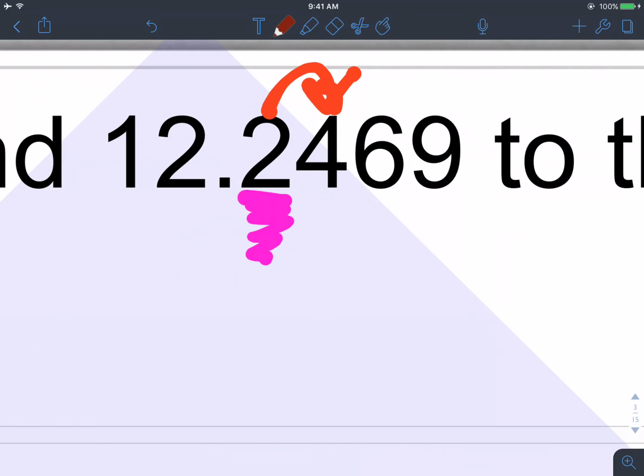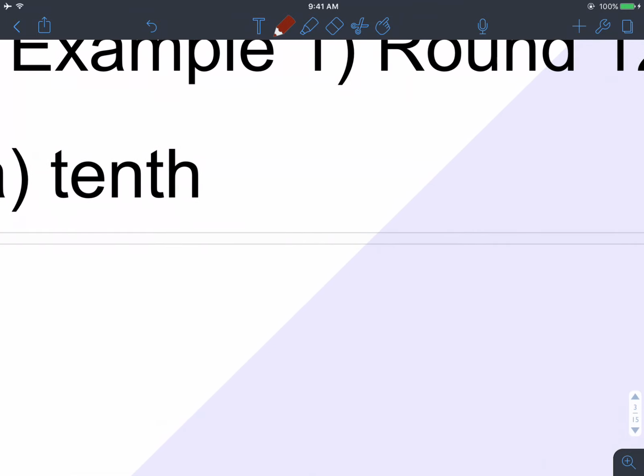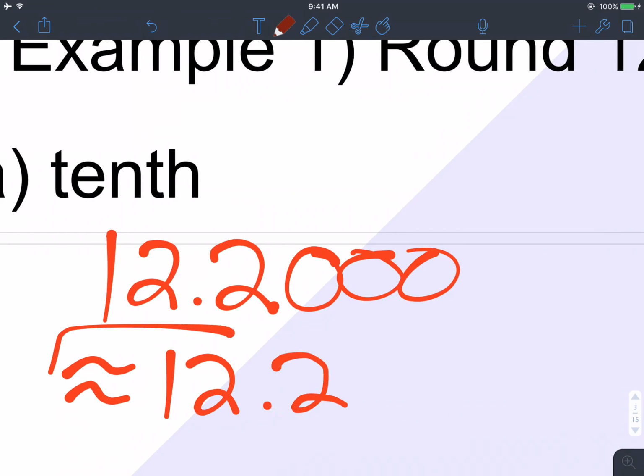So it's low, which means you leave the 2 alone. All right, so the 10th is going to be 12.2. Everything else after it is zeros, all right, but we don't need to write those zeros. We can just write it as 12.2. All right, that's the 10th decimal place.